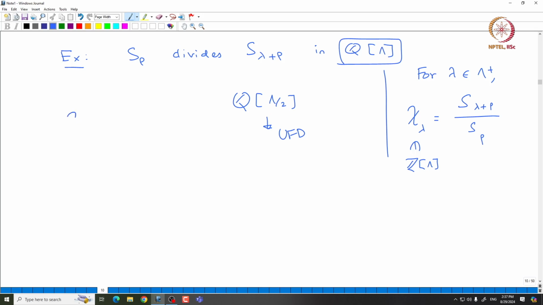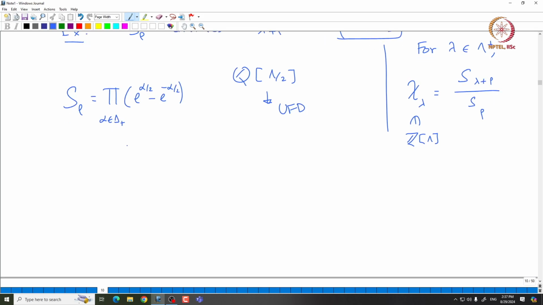Now, one can rewrite S rho as follows. This is exactly the product of e power alpha by 2 minus e power minus alpha by 2, where alpha runs over delta plus. And now, because this is a UFD and this is a product of factors, it is enough to prove the following.